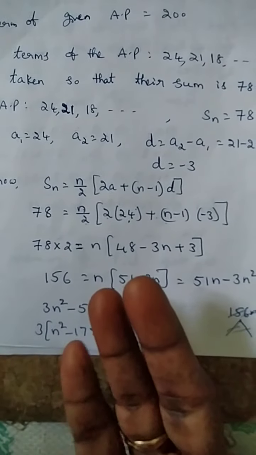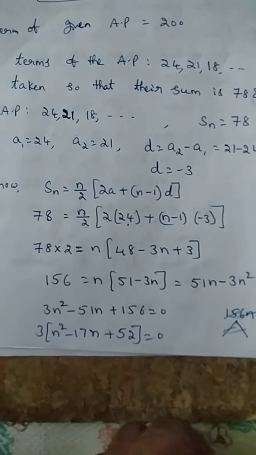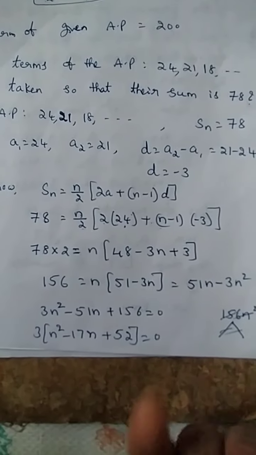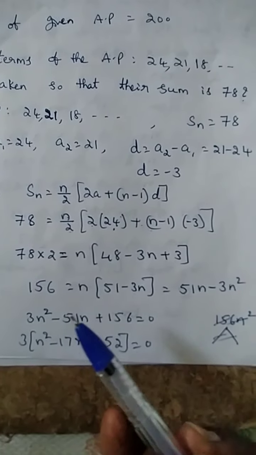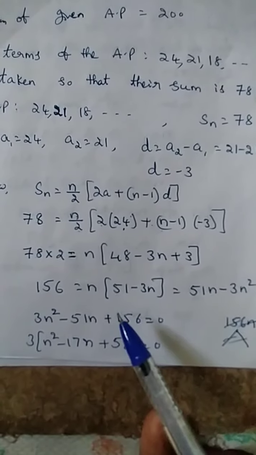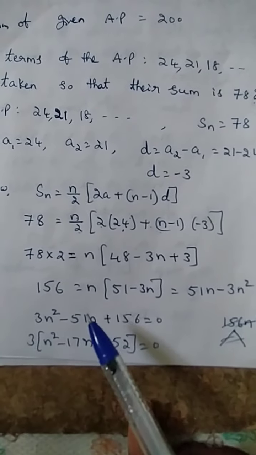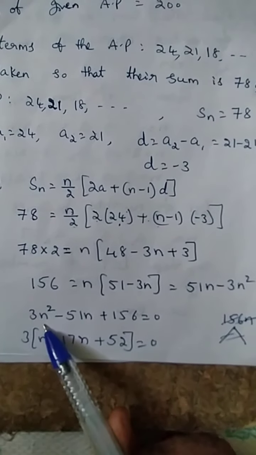Already we discussed those in the previous chapter on quadratic equations. Those three methods are completing the square, factorization and the quadratic formula. Using any one of the three methods, we can find the value of n here, because the variable is n.